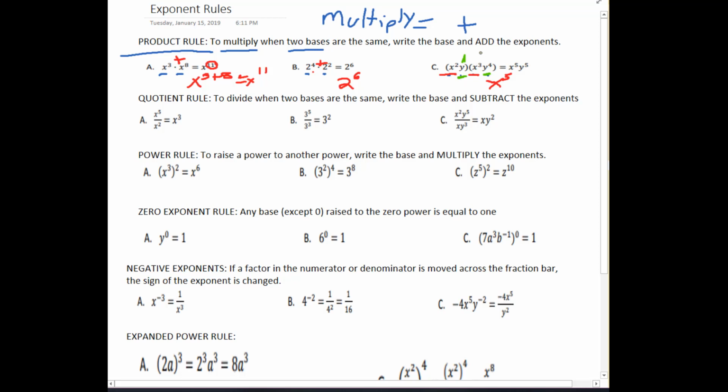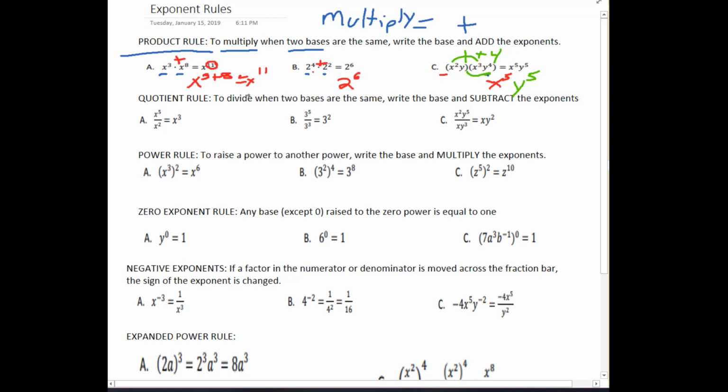So I'm going to add 1 plus the 4 on the y. So now we have y to the 5th. So again, we added these two and we added these two. And do not forget, just because it has a y, it still counts as 1.